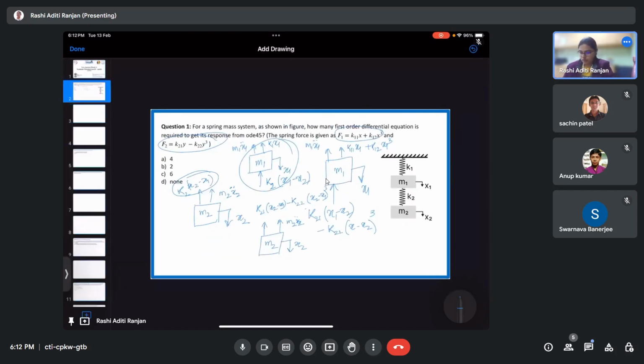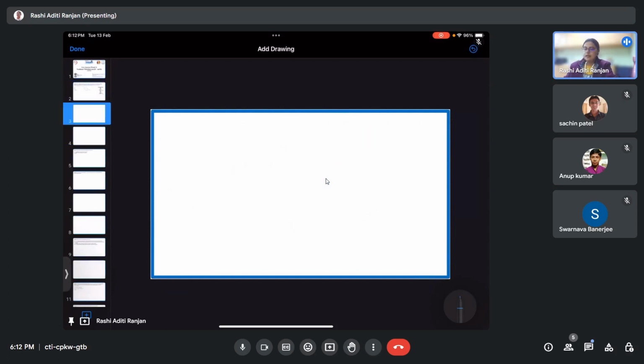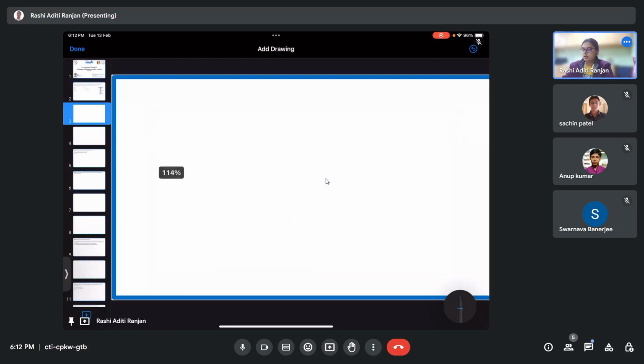Okay, we'll just separate it so that it will be easier. So I'll get the equation of motion. Right.